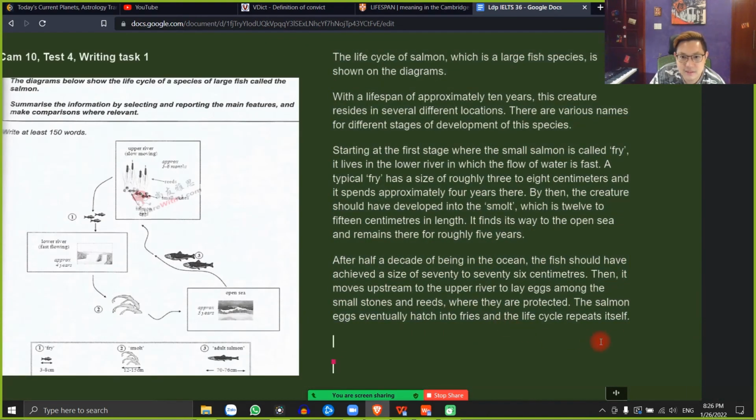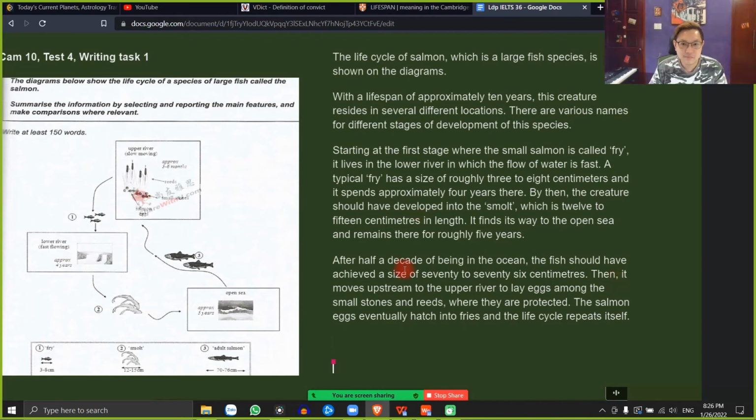Alright, so any question, class? Oh, I think I forgot to mention the fact that the upper river is slow moving, isn't it? Thầy quên chưa có nói cái vụ mà upper river nó sẽ di chuyển chậm.